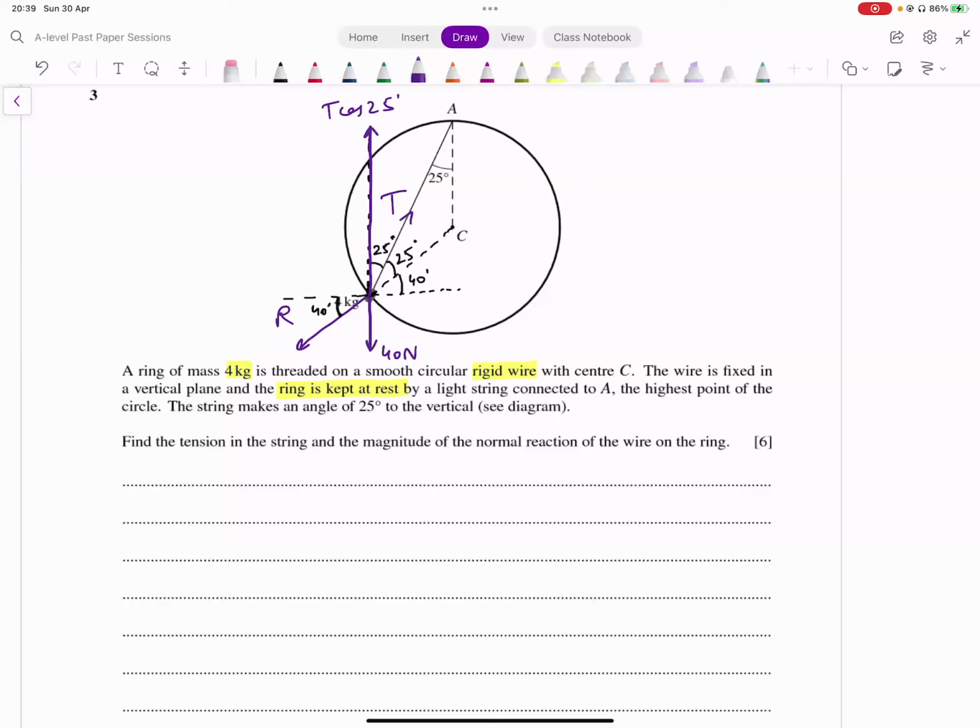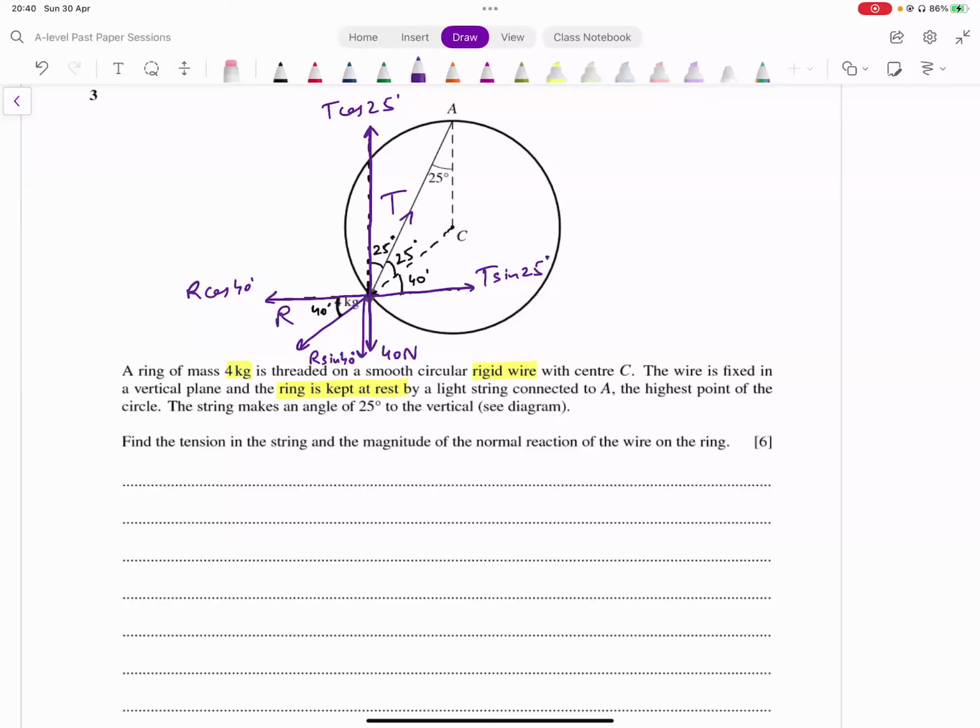Angle के दूसरी साइड पे, that's going to be t sin 25. ठीक है. अच्छा, अब रिएक्शन को देख लें. 40 डिग्रीज के एडजेसेंट कंपोनेंट, that is going to be r cos 40 degrees. और फिर नीचे वाला कंपोनेंट क्या आएगा? It's going to be r sin 40 degrees. ठीक है. These are the components that we have.